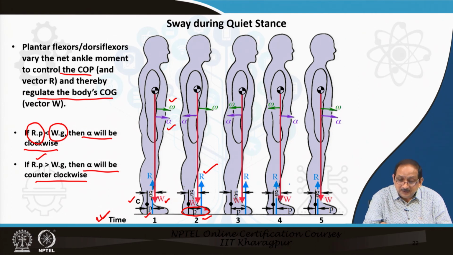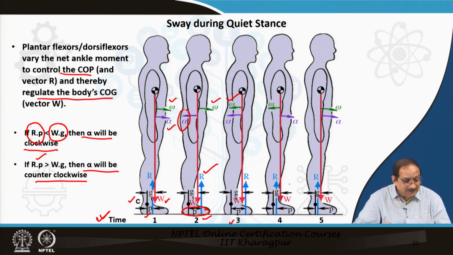Therefore, the angular acceleration will be reversed, and this will start to decrease the angular velocity until the time instant 3, after which the angular velocity will be reversed as well.